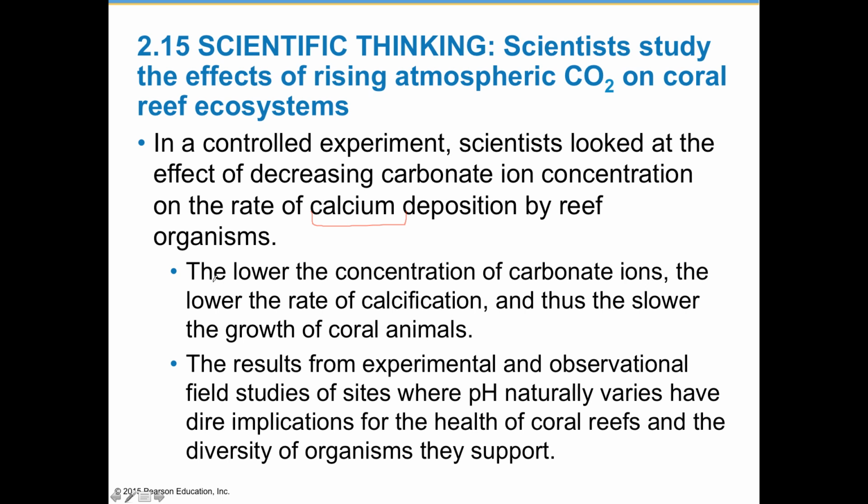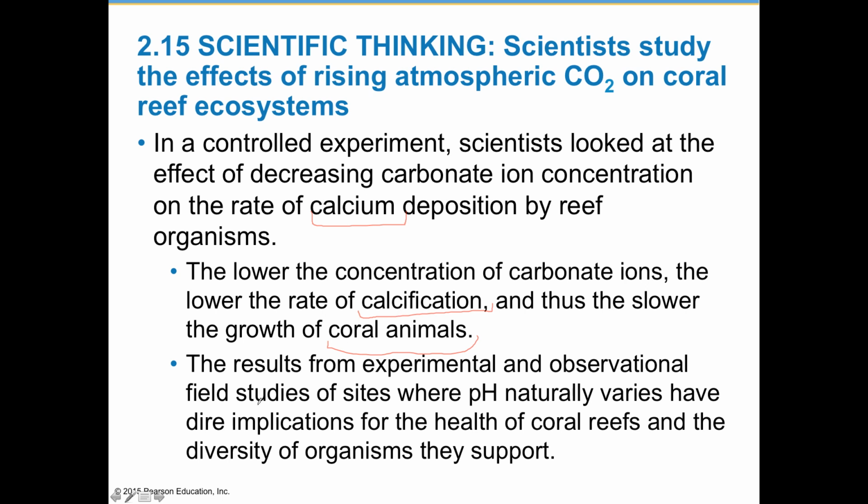The lower the concentration of carbonate ions, the lower the rate of calcification. Think about calcification of your bones. Calcification is important in these reef organisms to make their exoskeleton, and thus the slower growth in coral animals. By increasing the carbon dioxide, you're decreasing the amount of carbonate ions available for these animals to go through calcification.